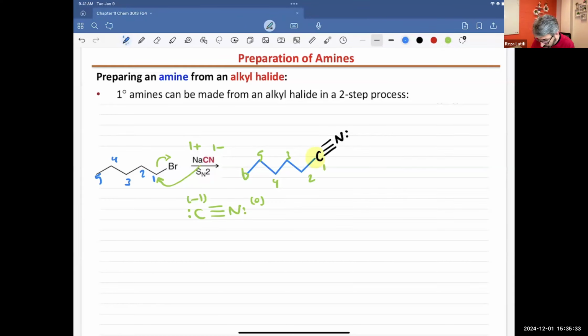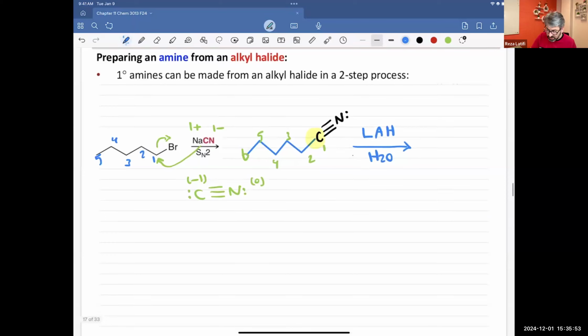Next step, I will reduce this cyanide group, and I can use lithium aluminum hydride followed by H2O. If I run an excess of a reducing agent like lithium aluminum hydride, I will get this compound, 1, 2, 3, 4, 5, 6, and now I will have NH2.